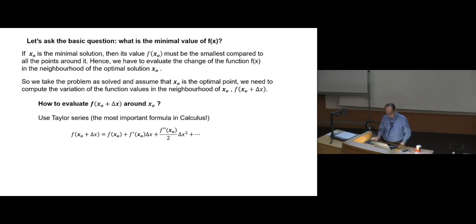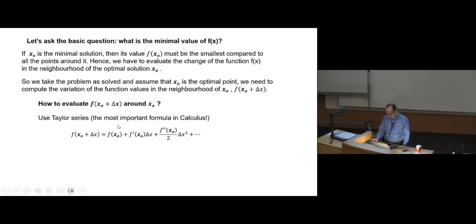Remember, if you look at this form, if x naught is the minimum point, then this f(x0) must be smaller than f(x naught plus delta x) for any delta x in the neighborhood of this x0.